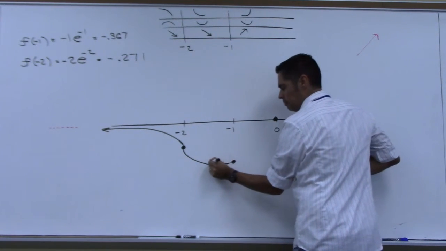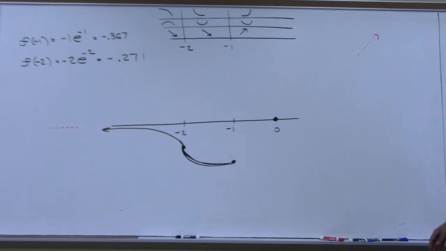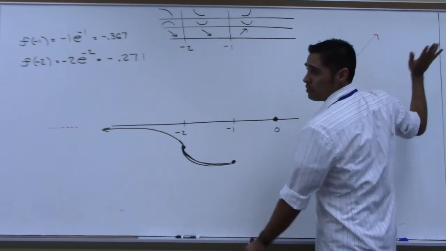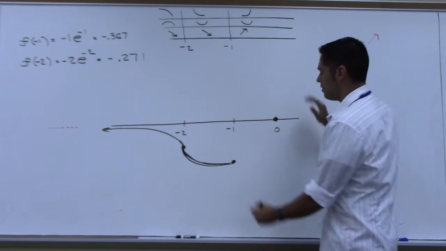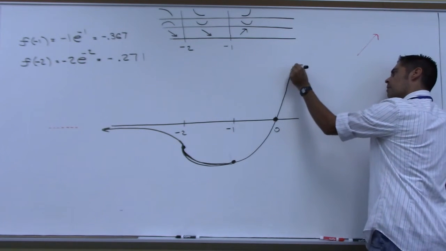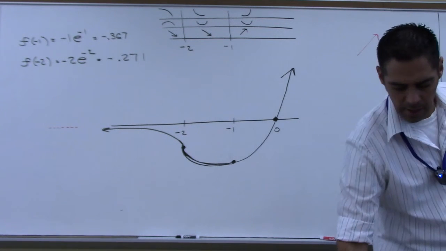Trying to get a good inflection point there. And then from here to forever, it's got to look like that. So I'm just going to go like this. And that is the graph of x e to the x.